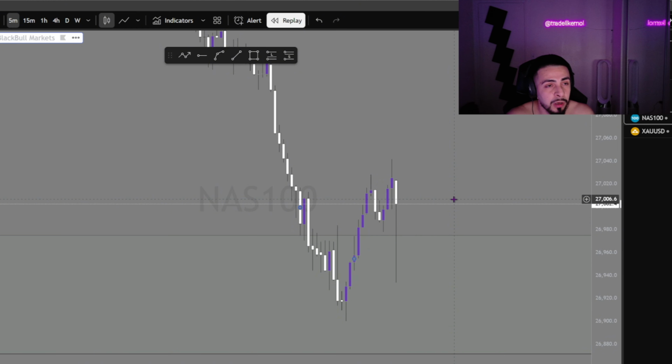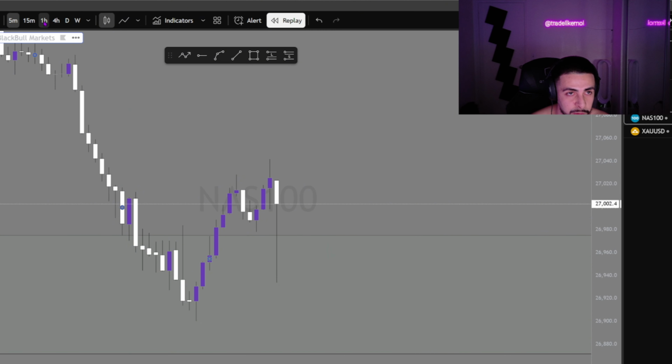I know the 1 hour is bearish. I said we can take sells if the 1 hour is vice versa with the 4 hour, but we are not in the area we need to be to look for that sell on the 1 hour. The 4 hour is bullish, so we're going to go with the 4 hour. We always want to go with the higher time frame.